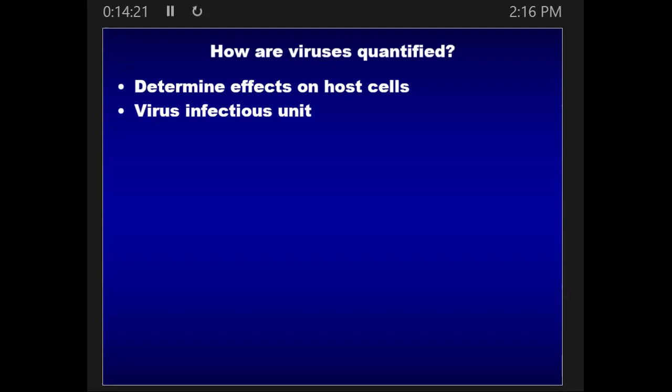They often will say, we'll talk about virus infectious unit. And so we usually say colony forming units when we talk about bacteria populations. They talk about viral infectious units.